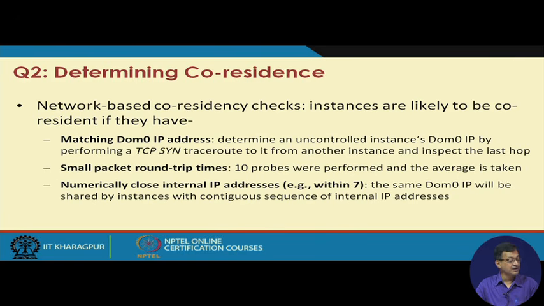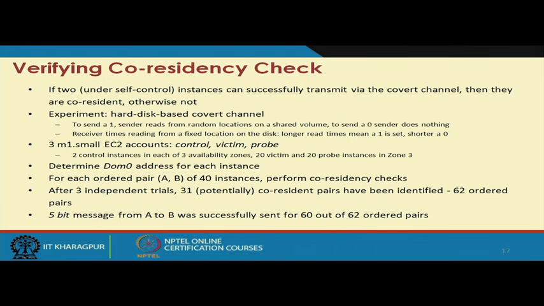Numerically close IP ranges, typically within 7, are another thing we have. Verifying co-residency is another challenge: if 2 instances under self control can successfully transmit through a covert channel, they are co-resident, if you can connect them.